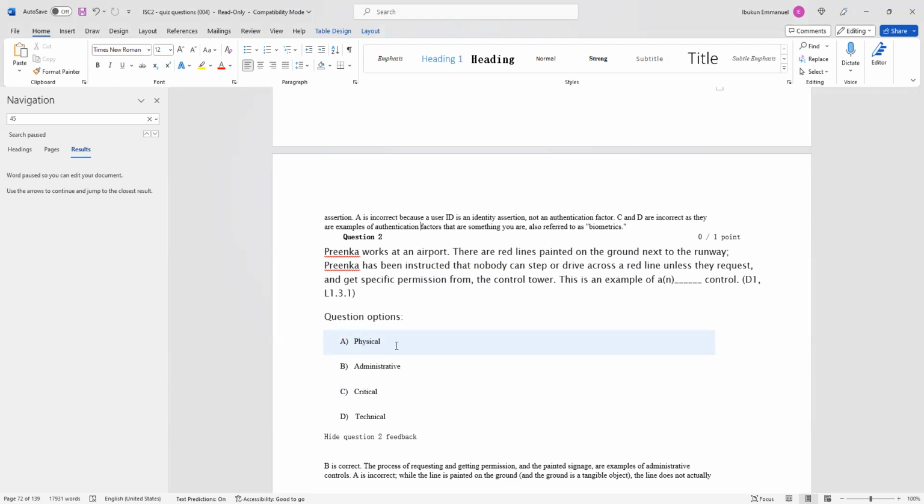There's no bollards or anything to stop them from driving across the red line. It's not a technical control because they're not using software or hardware to stop this person from driving across a red line, but it's an administrative control.